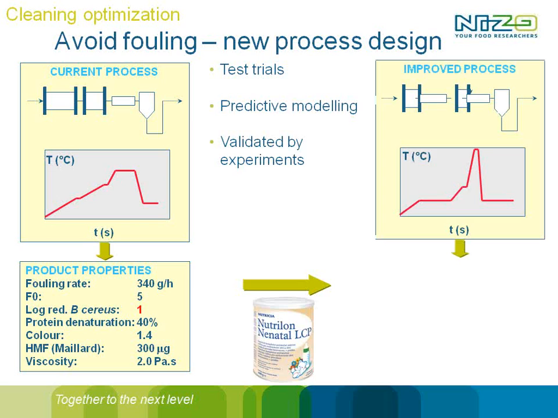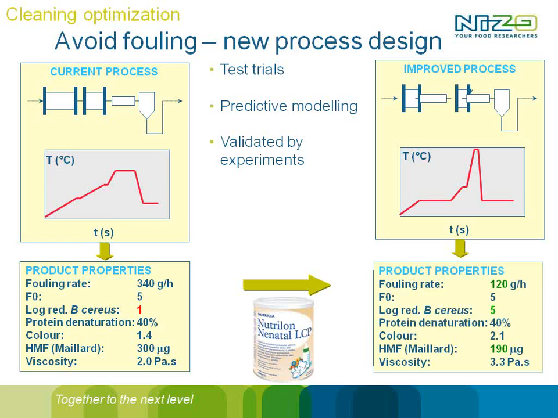We got a new time-temperature profile. We had the whole setup of the process changed, leading to a better designed heat exchanger process. And the nice thing is that the fouling rate reduced from 340 to 120 grams per hour. Problem solved. In addition, the reduction of Bacillus cereus, an indicator organism for spore growth, was a 5 log reduction instead of 1, a huge increase.